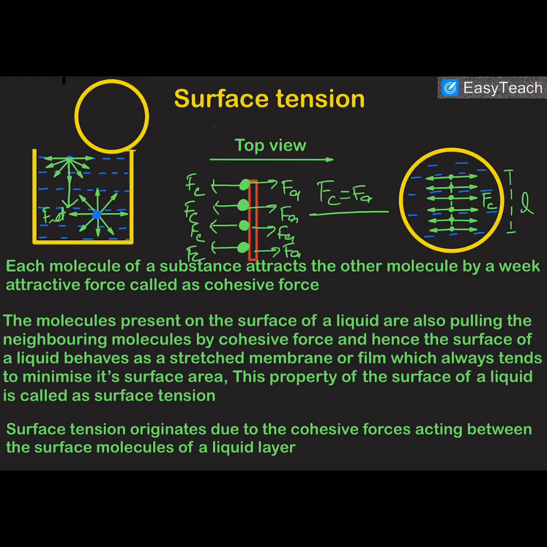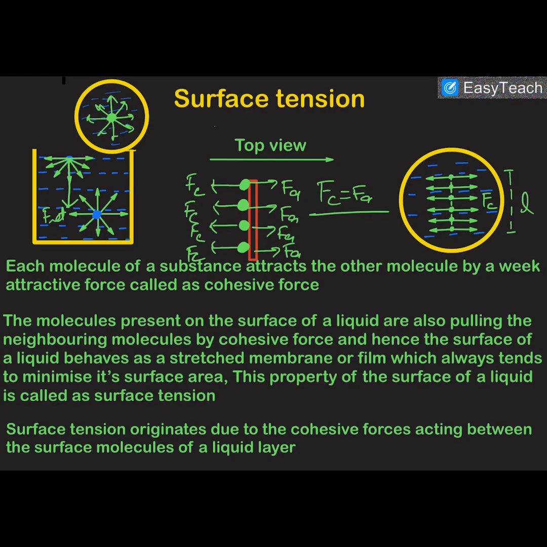So if this is the top view, and this is the liquid, and we consider a molecule like this, we can say that this molecule is attracted by cohesive force from all the sides on the surface, as well as some molecules which are below this molecule inside the liquid are also attracting this molecule by cohesive forces.